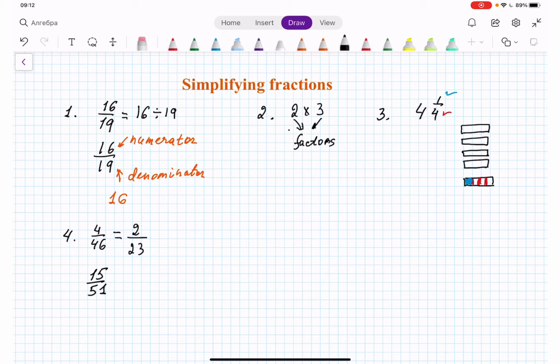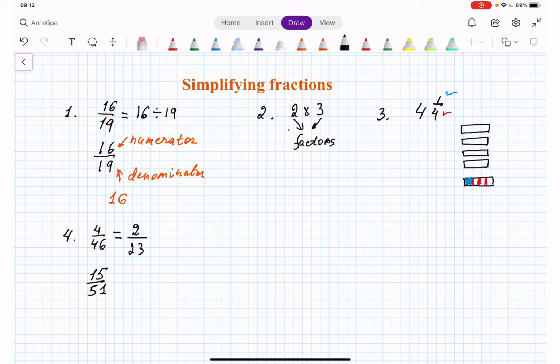I'm looking at 15. Why am I choosing 15? It's because I know better by what numbers I can divide 15 rather than 51, right? Therefore, I'm choosing 15. But if you know up front by what number you can divide 51, you can start with 51, it doesn't matter at all.